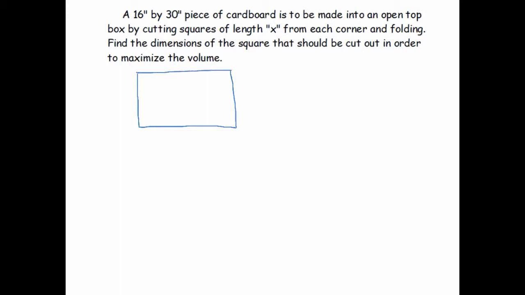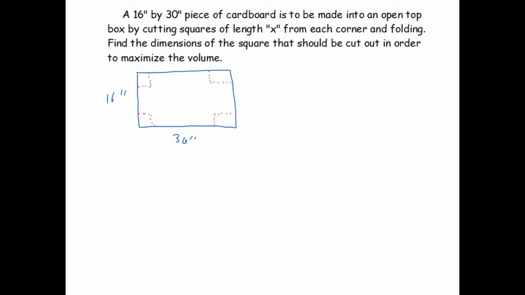But the idea is you've got this 16-inch by 30-inch piece of cardboard, and what you're going to do is cut out some squares into the corners. And when you do that, it allows you to actually create an open top box.